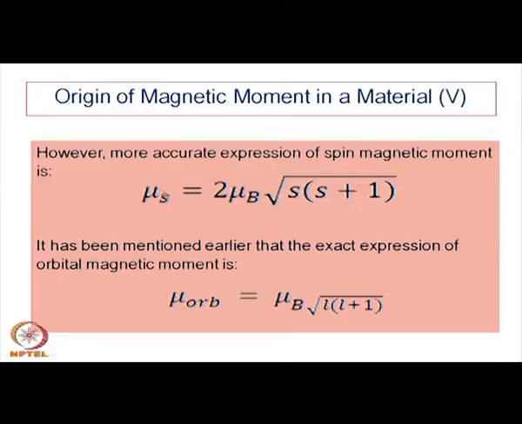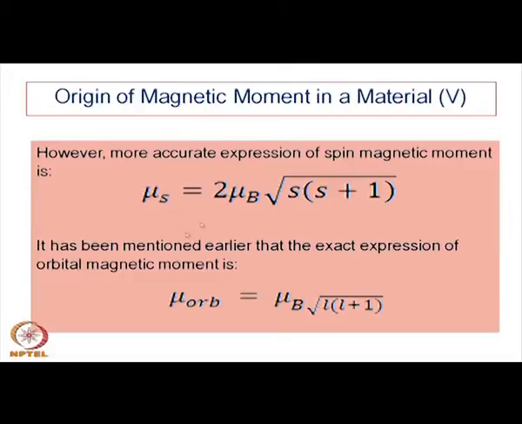Here also, in the case of spin magnetic moment, it is not just S into 2 mu B, but the more accurate expression is root over S into (S plus 1). So these are the two expressions of the two types of magnetism which originate from the movement of the electrons within an atom.